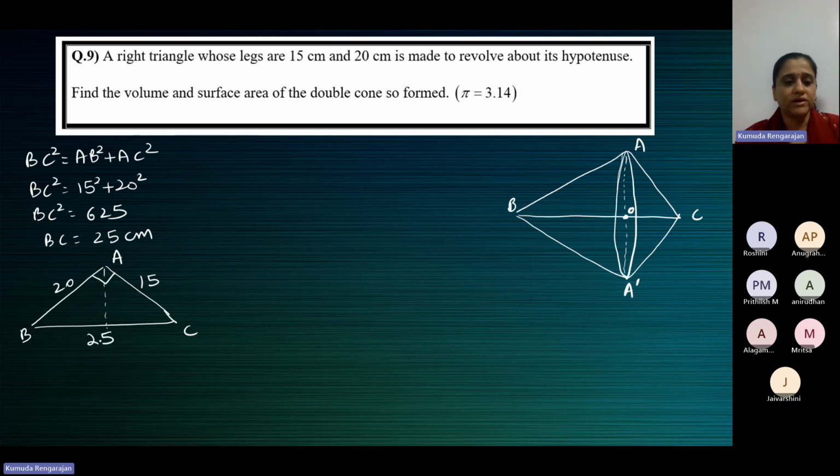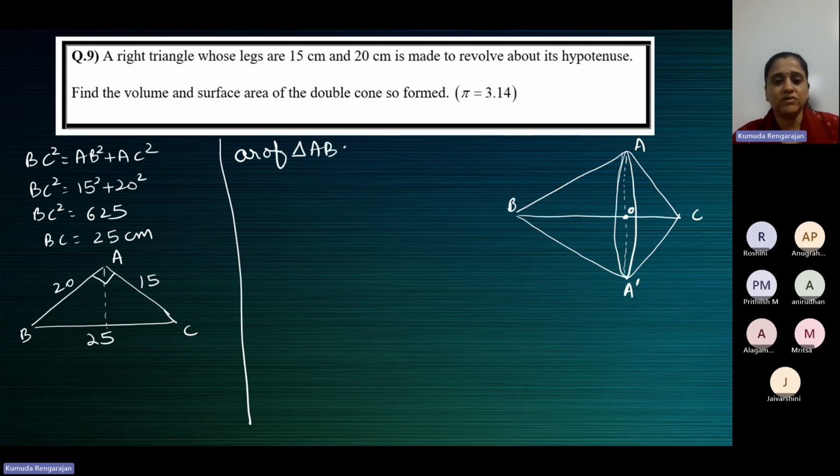Now the area of triangle ABC is half into base into height, or half the product of legs in a right triangle. So half into 20 into 15 is 150 centimeters square.